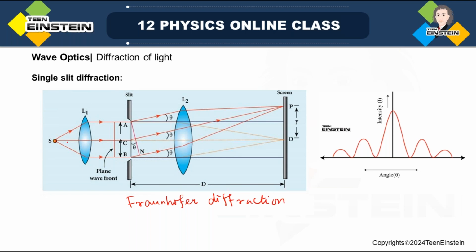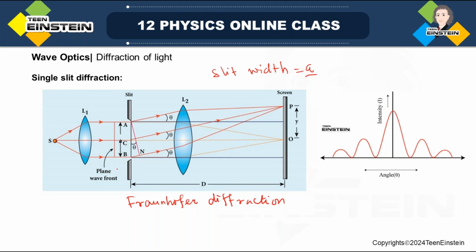See what happens here. We have a single slit. This is the slit, and you can see AB is the opening, with slit width a.